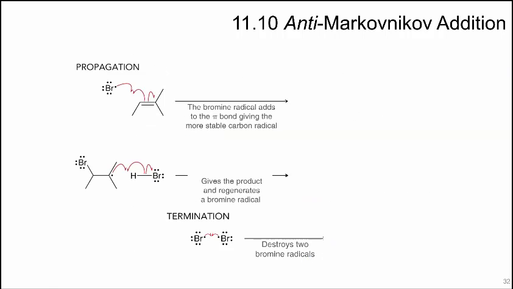And then we're going to do an addition reaction to the alkene. And that forms the most stable radical here. This is an H abstraction.